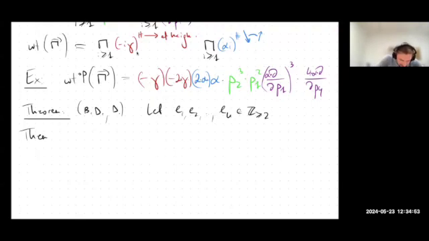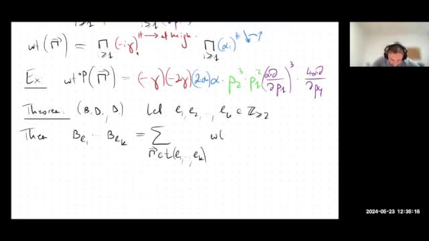Then we have the following combinatorial formula: B_{l_1} times B_{l_2} times ... times B_{l_k} is given by the sum over all Łukasiewicz paths of length on k sides of lengths l_1 up to l_k, weight my non-operator weight, my easier weight, which is just a scalar, times Jack character indexed by a partition mu.